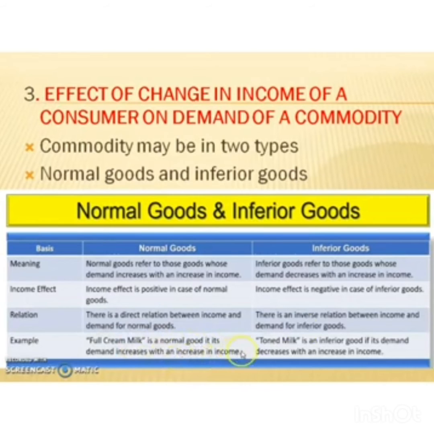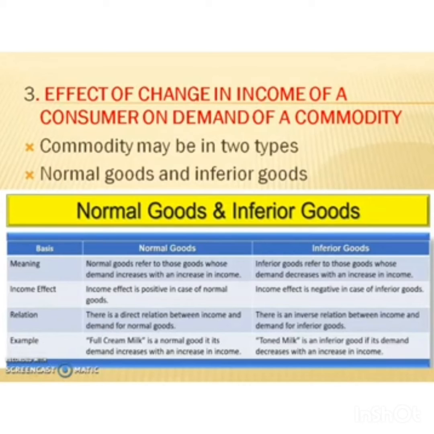Then what about inferior goods? Inferior goods refers to those goods whose demand decreases with an increase in income. So there is a negative relation between income and demand for inferior goods. For example, toned milk is an inferior good if its demand decreases with an increase in income.